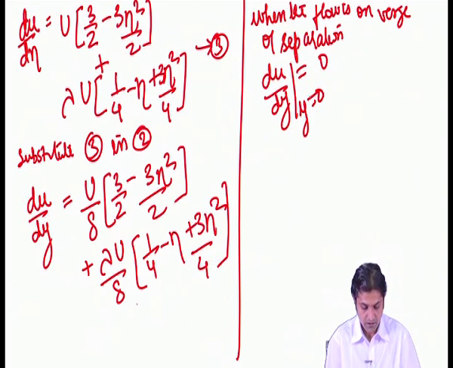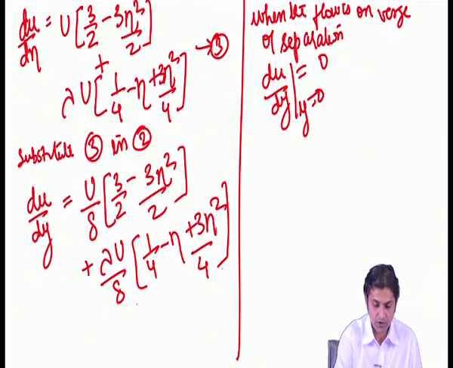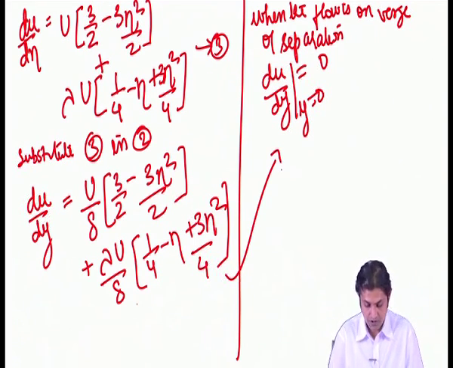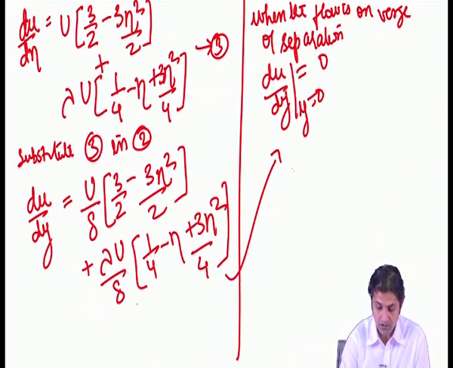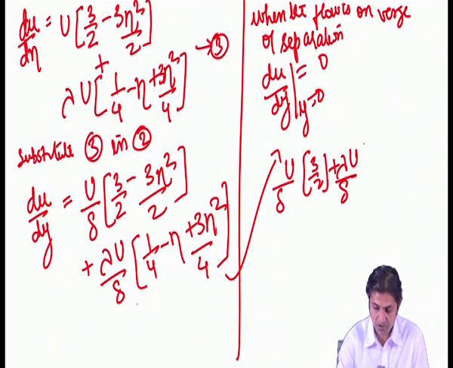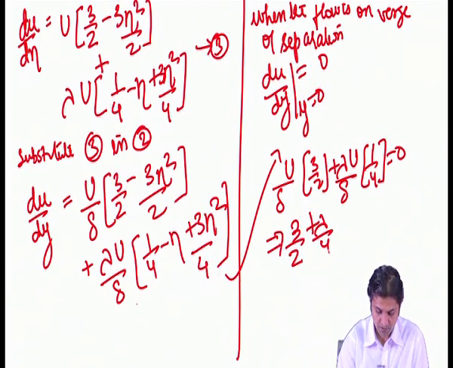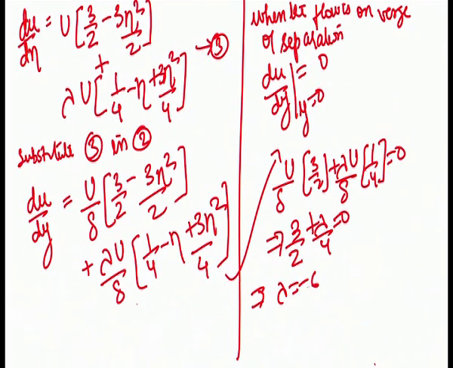So we put it equal to 0, and U/δ you take common, this will give us 3/2 plus λ/4 is equal to 0, which implies λ is equal to minus 6.